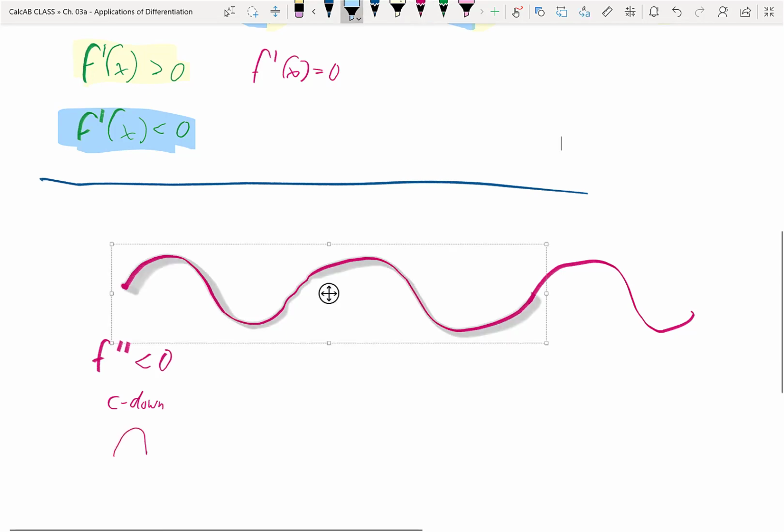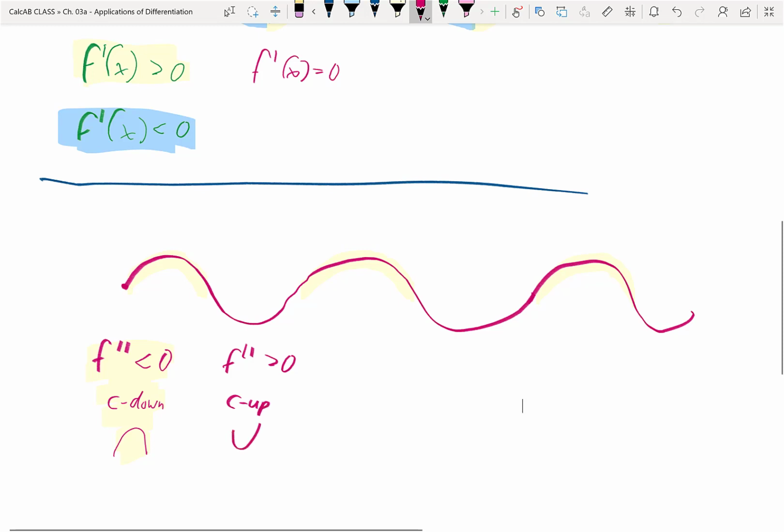Let's do it in yellow. That's going to be this, and this, and this, and then f double prime greater than 0 is where the graph is concave up, which looks like that. So that in blue is going to be this region, and this region, and this region.